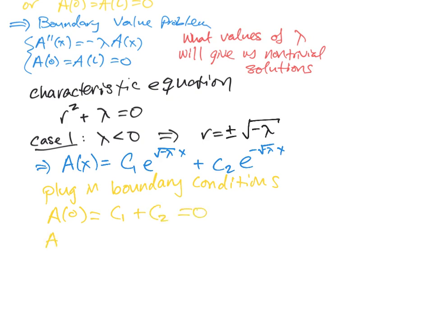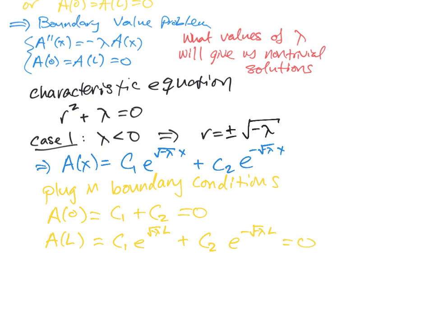And plugging in L, we get a of L equals c1 e to the square root of negative lambda L plus c2 e to the negative square root of negative lambda L. And this equals 0.